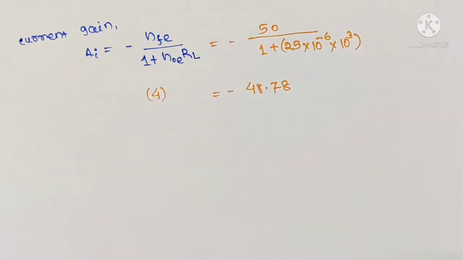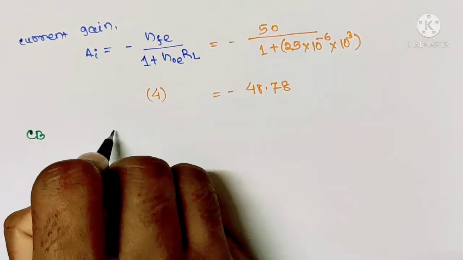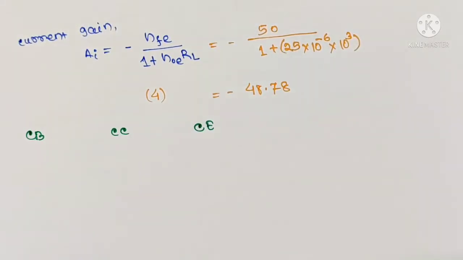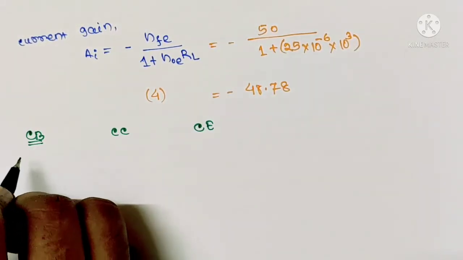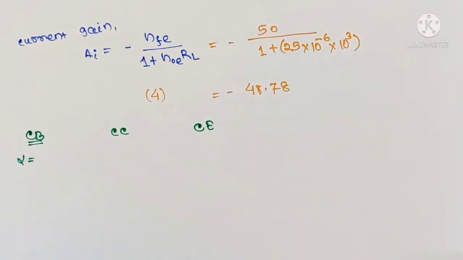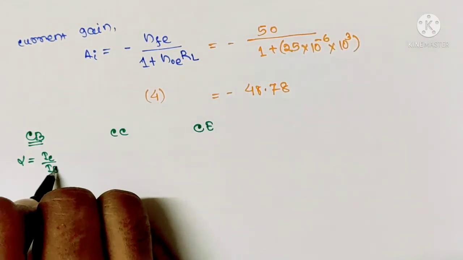If the question is on current gain, you should remember the basic current gain in common base configuration, common collector and common emitter configuration. In common base configuration, current gain is denoted by alpha and it is given by IC by IE.